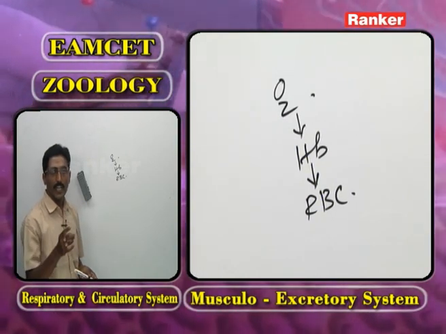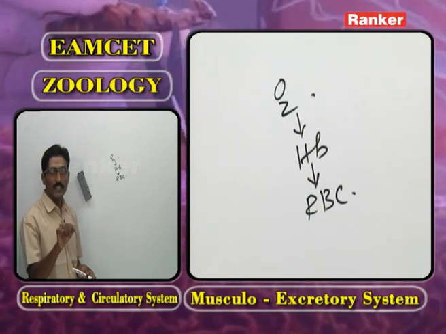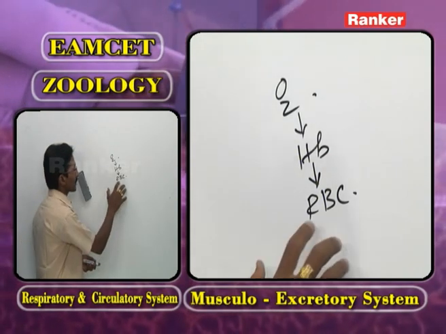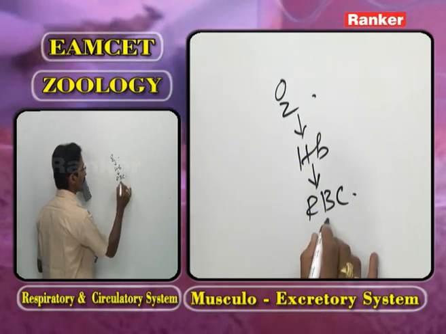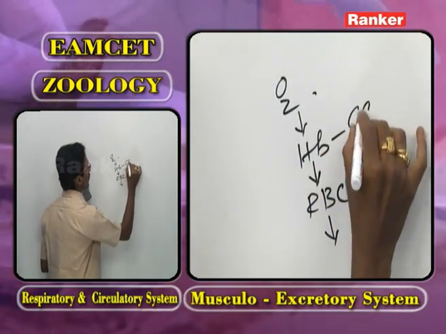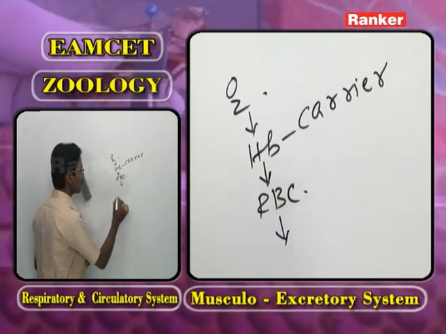In the annelida, though RBC is absent, hemoglobin is dissolved in the blood plasma. But in vertebrates, without RBC, there is no hemoglobin. Now the oxygen is carried by hemoglobin. Hemoglobin is said to be oxygen carrier.